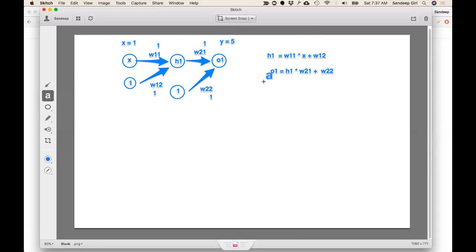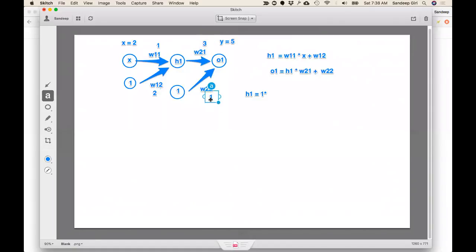So H1 is going to be how much? Let me just tweak. I think I'll change the values a bit. So X is say 2, W is say 2, and this is say 3, and this is say 4.